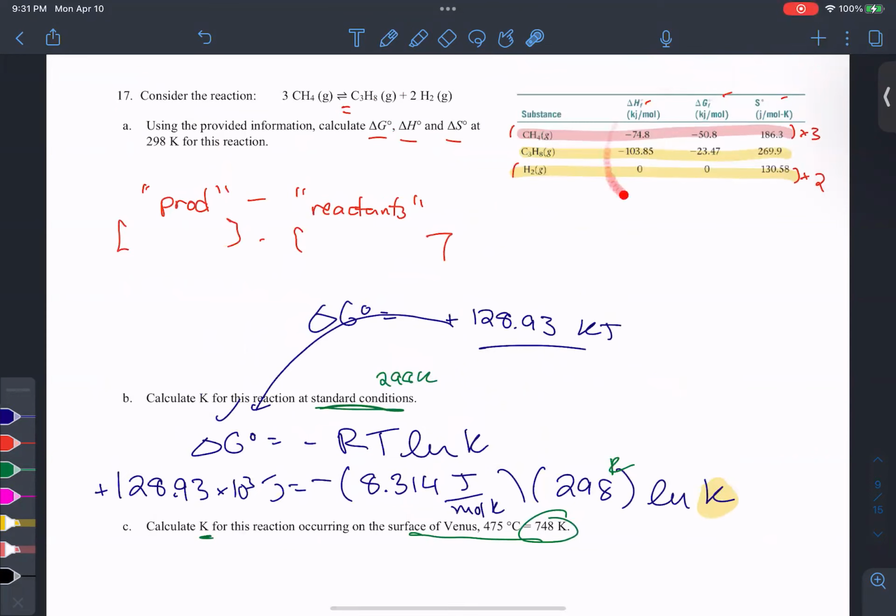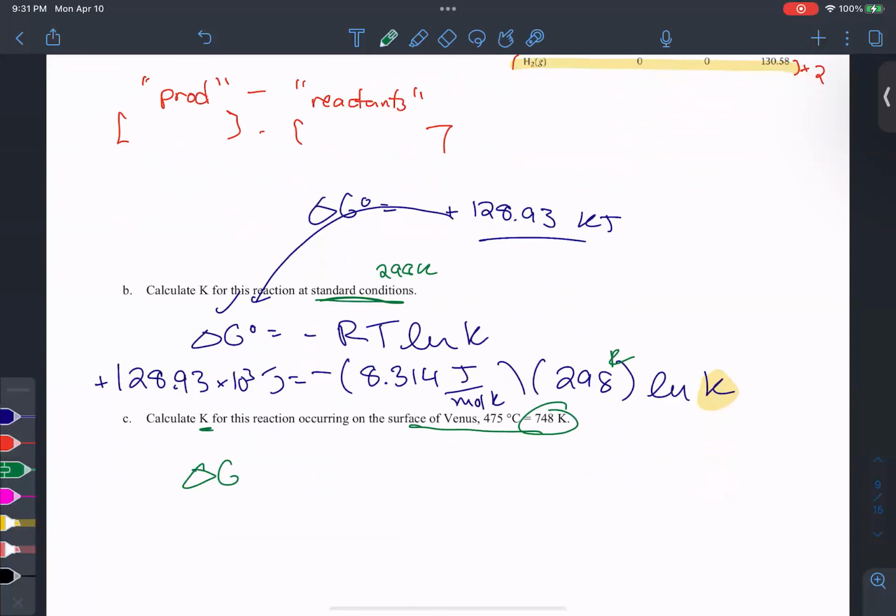These table values are measured at 298 Kelvin, and delta G values change with temperature. But we're going to make an approximation that delta H's and delta S's of reactions do not change with temperature. So we actually have to calculate a new value of delta G at non-standard conditions.